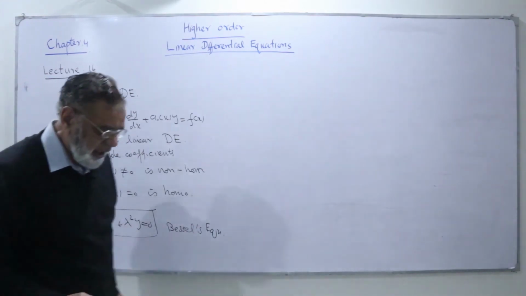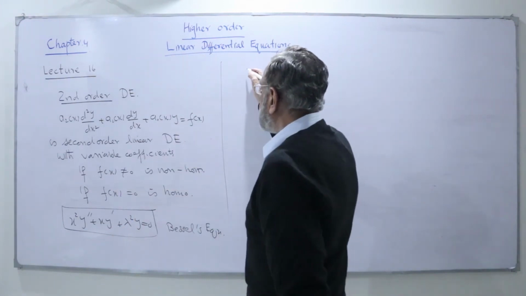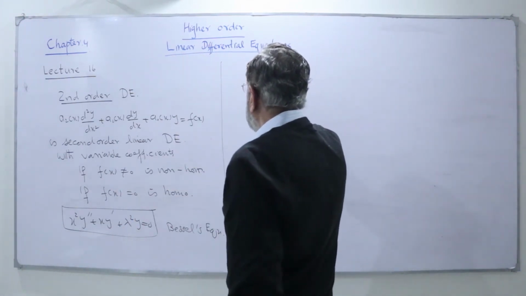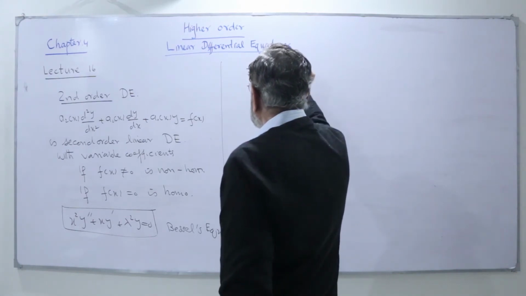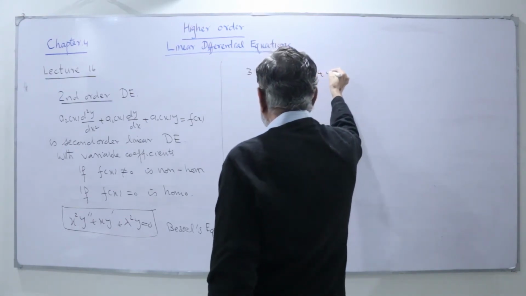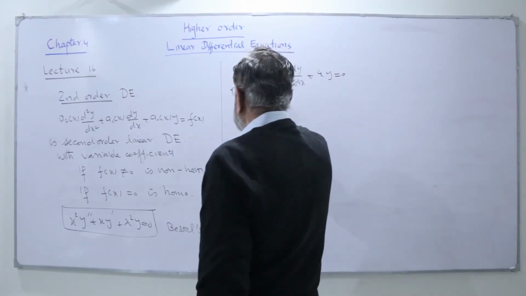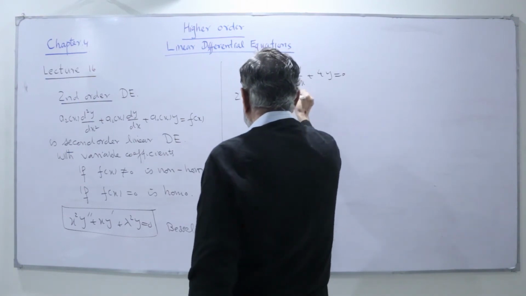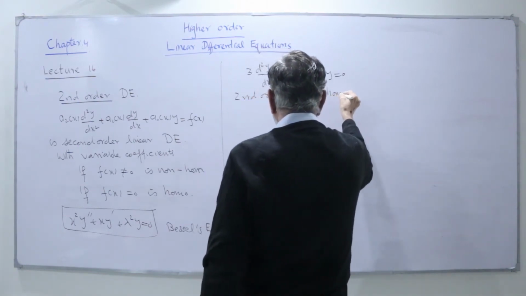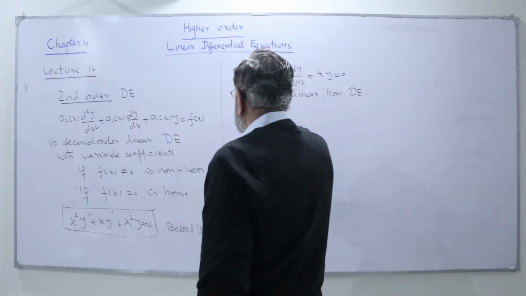So mostly we have these equations. I can write here 3 d2y/dx2 plus 6 dy/dx plus 4y equal to 0, which is a second order linear homogeneous differential equation with constant coefficients.